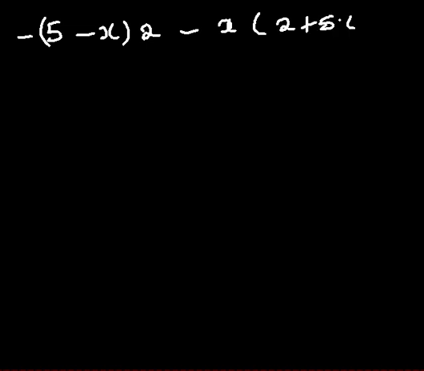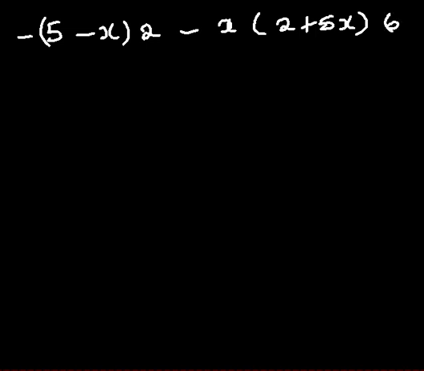How about if we have something like this? How do you think you can have it? Let's say we have 5 minus x, and minus, let's say, x times 2 plus 5x, and times 6.